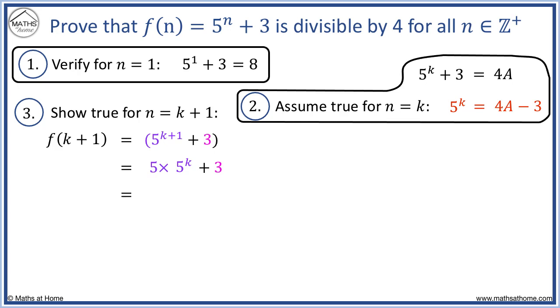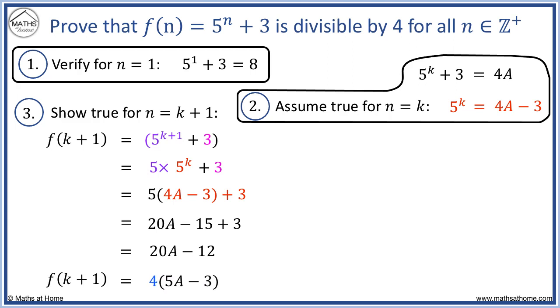Now to show this is divisible by 4, we use our step 2 result and substitute 5 to the power of k with 4a minus 3. Now we expand to get 20a minus 15 plus 3, which simplifies to 20a minus 12, which can be written as 4 brackets 5a minus 3, which is divisible by 4. We can now conclude the proof.